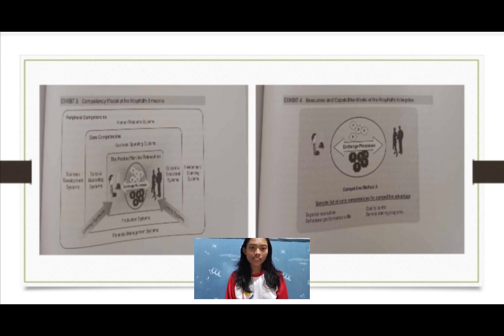Furthermore, it facilitates training and development by tailoring programs to address competency gaps and foster professional growth. By consistently utilizing the model, hospitality enterprises can create a culture of excellence, attract and retain top talent, and ultimately achieve long-term success in the dynamic and competitive hospitality industry.